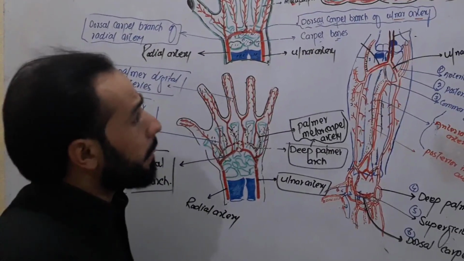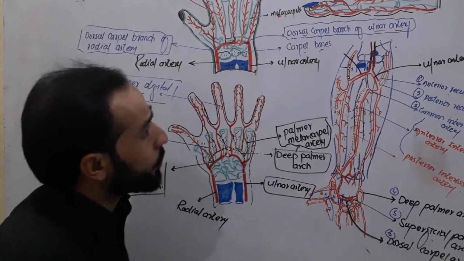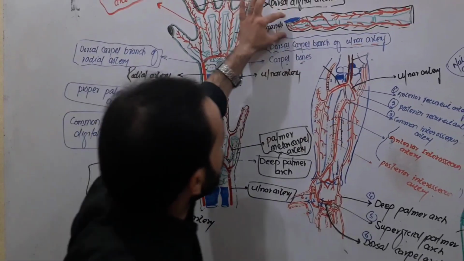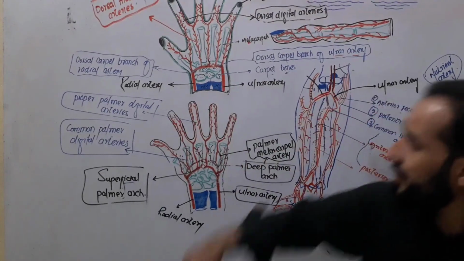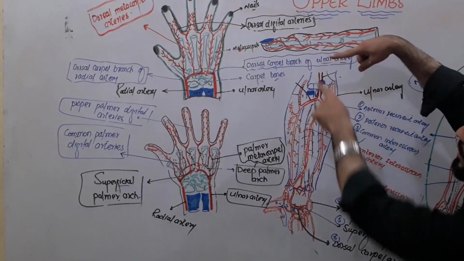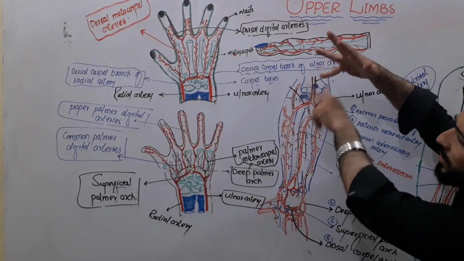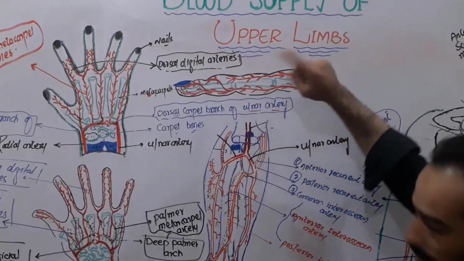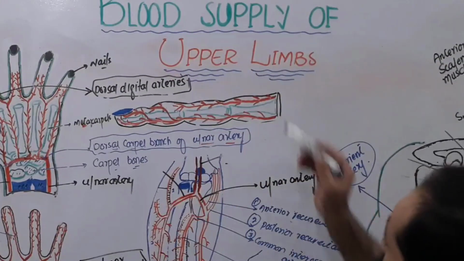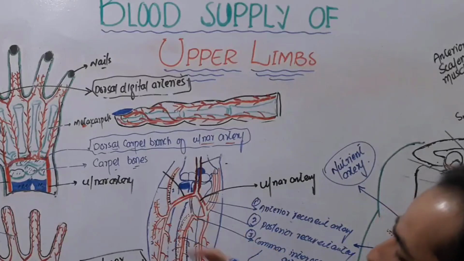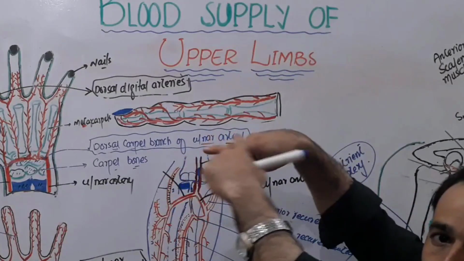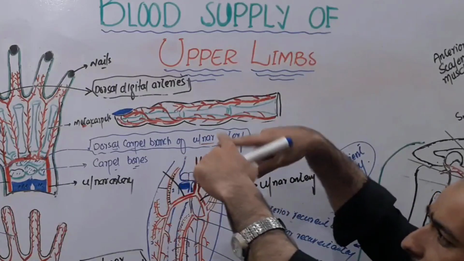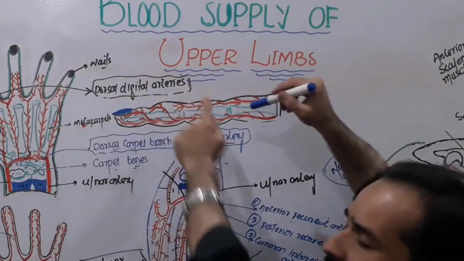Now one thing extra which we should know: you can see this diagram, and this diagram represents only this finger, or any one of them. Look carefully. This is the dorsum of the finger, right? So this dorsum is supplied by the dorsal digital artery.